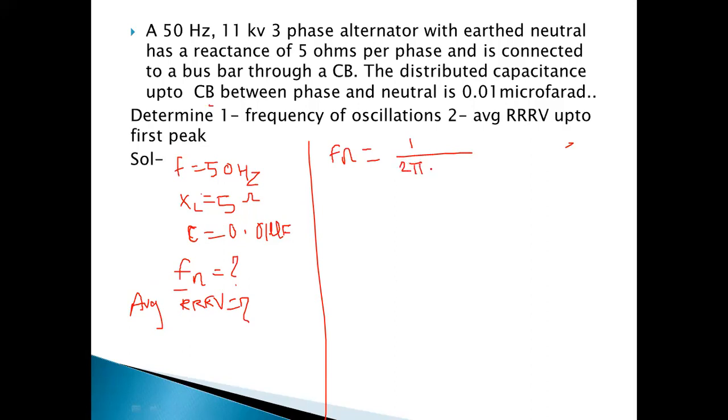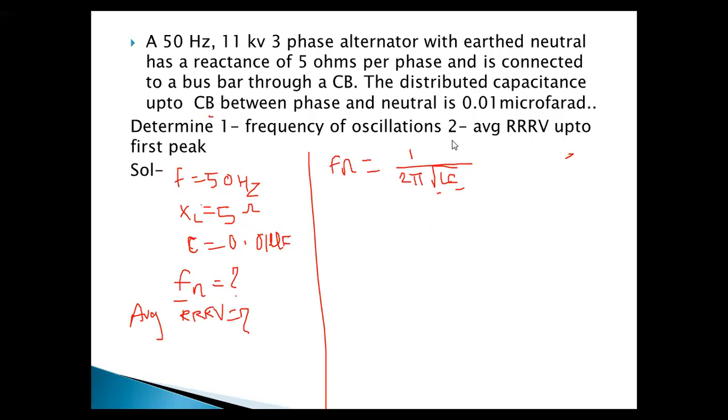Now L is not given, XL they have given, and capacitance is given. So how to find L from the given data?